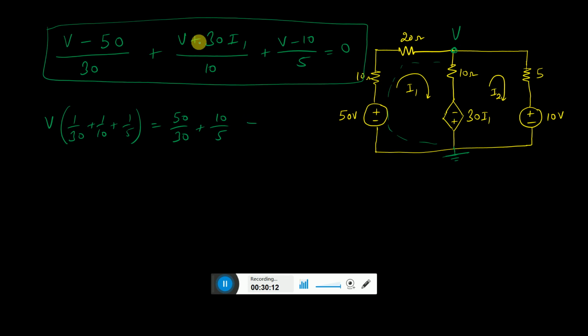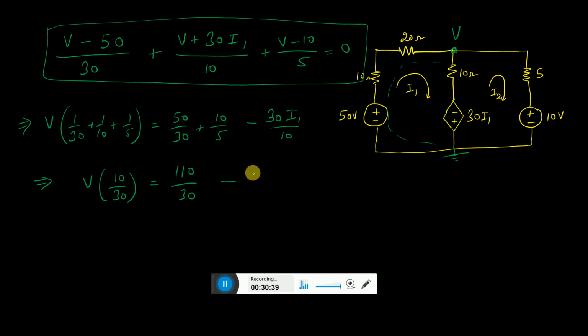Then you can take this thing also to the right hand side, 30 I1 by 10, and then solve it. Now what you finally get is V times 10 by 30 equals 110 by 30 plus the value of I1, so let me put the value of I1 right here.